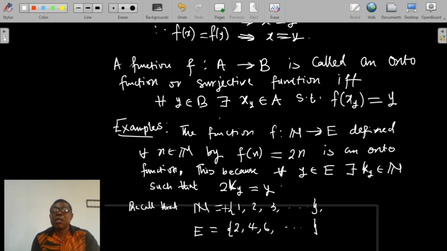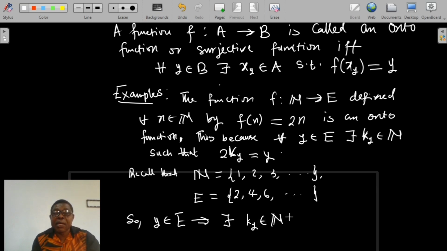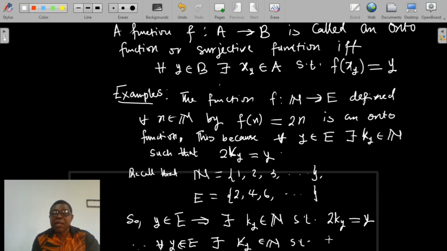K sub y. So y in E implies there exists k_y in N so that 2k_y is equal to y, meaning therefore that for any y we pick in E, there exists k_y in N so that f of k_y is equal to y.